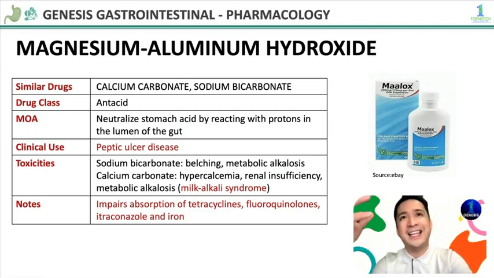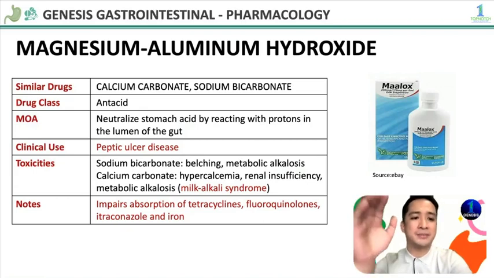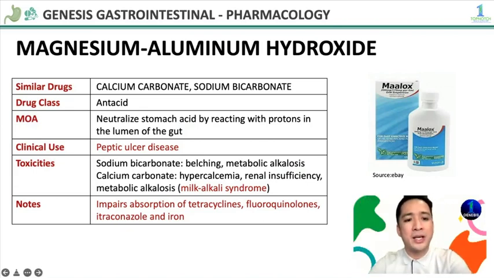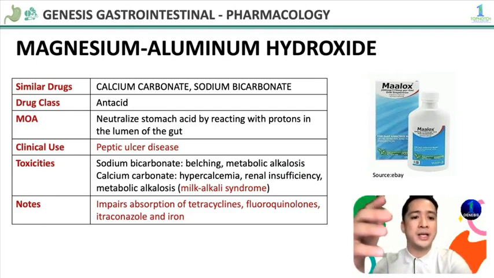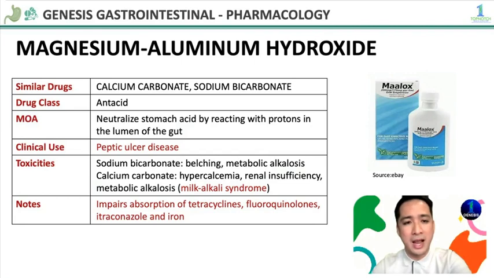Magnesium can cause constipation, and aluminum is linked to diarrhea. So, a combination of these drugs will cancel their effects. Remember, they can impair absorption of tetracycline as we have mentioned, fluoroquinolones, itraconazole, and iron.